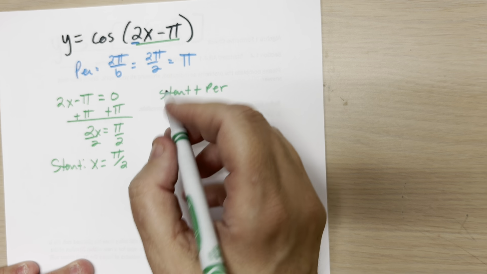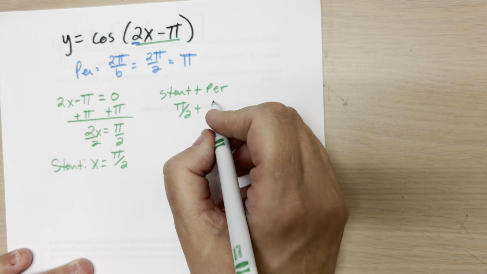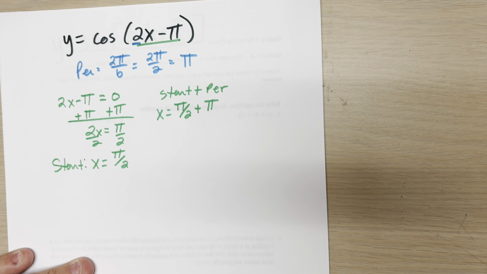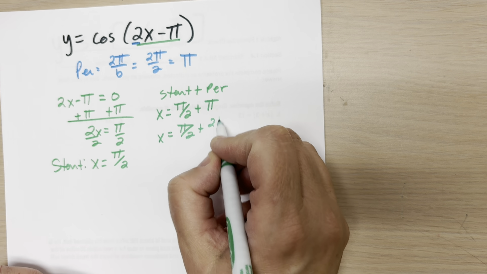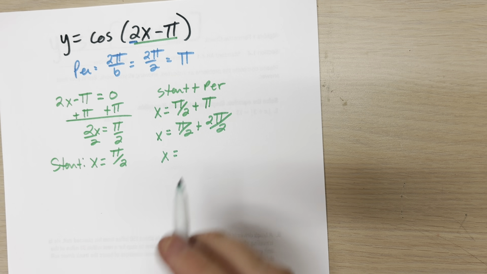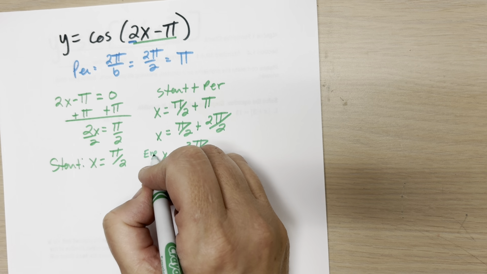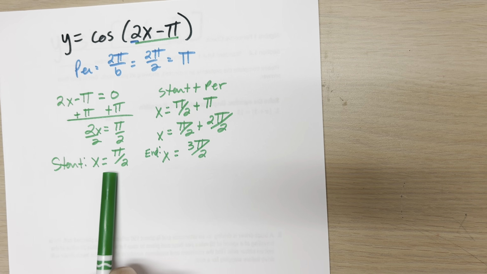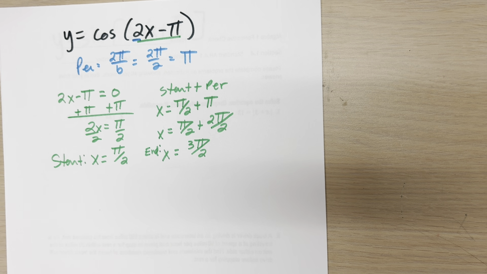So for this one, I'm starting at pi over 2, and I'm adding that period of pi. And we'll say x equals, because that's nice and pretty. So I've got pi over 2 plus 2 pi over 2, because you need a common denominator when you're dealing with the fractions. So we've got 3 pi over 2 as our endpoint. And I always like to take a minute and make sure this makes sense. So 1.5 minus a half is indeed 1 pi, which is what the goal is here.